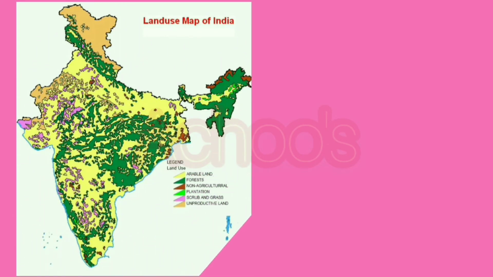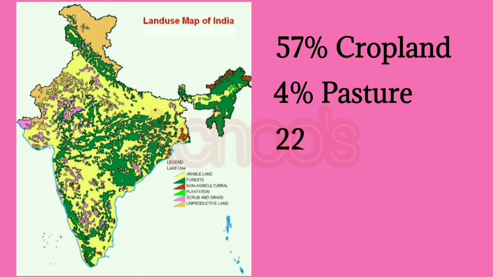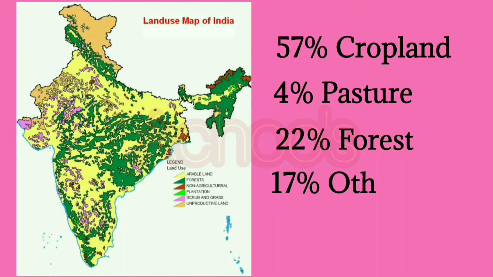Now let me show you the pattern of land utilization of India. For example, here the cropland of India is covering 57% and 4% is for pasture. 22% is used for forest, and the 17% of land was used for other purposes.